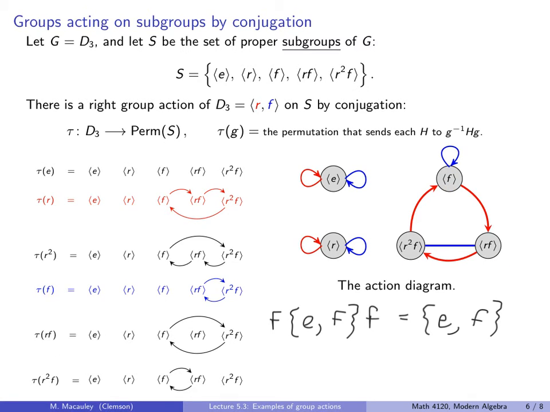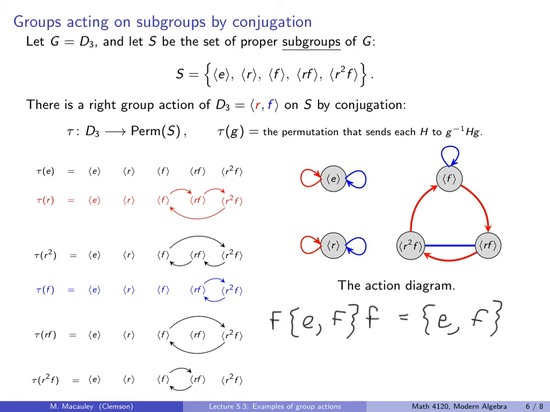Conjugating them by r creates this 3-cycle, and if you conjugate them by f, well, that's going to fix this one and swap these two. Now, just as an exercise, I said, let's let S be the set of proper subgroups. And I mostly did that because I wanted this set to have size 5 and this one to have size 6.